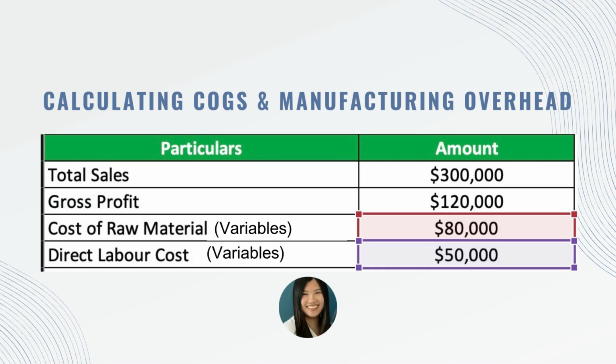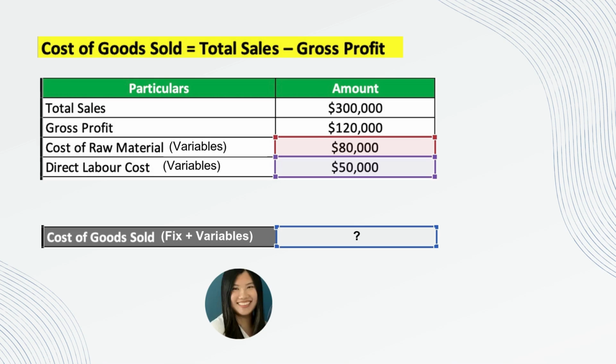So here we have an example of a spreadsheet for calculating COGS and manufacturing overhead. To find the cost of goods sold, you want total sales minus gross profit. Let's first look for the total sales, and that would be $300,000.